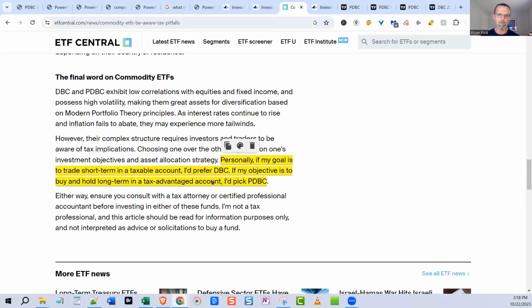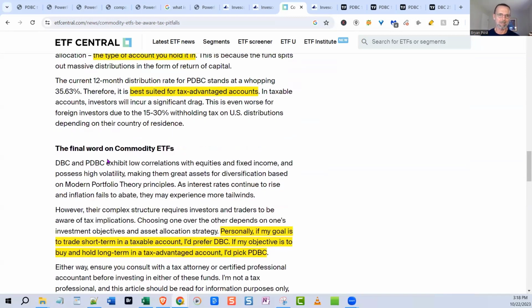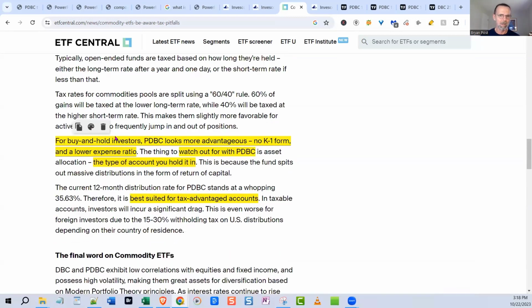In the next tab here, we'll look briefly at DBC. Basically, it mirrors PDBC without the tax consequences. And that's what they're saying here. Buy and hold investors, PDBC, more advantageous, no K1, lower expense ratio. You need to be careful about how you hold it.